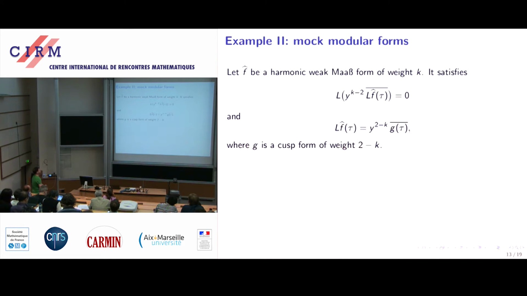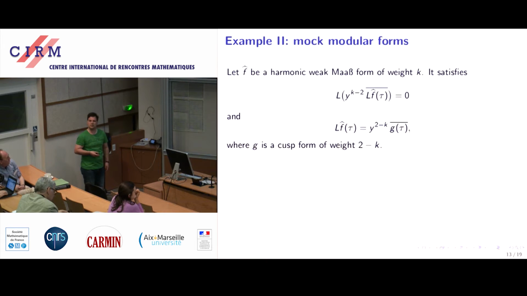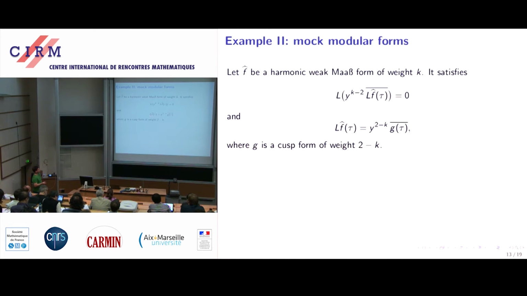But you can interpret it in a different way. If the Maass lowering operator applied to this whole thing is 0, that means that thing is what? Holomorphic. And if you then divide by this and do complex conjugation, that means that the Maass lowering operator applied to f hat has to be of this form, where G is holomorphic.